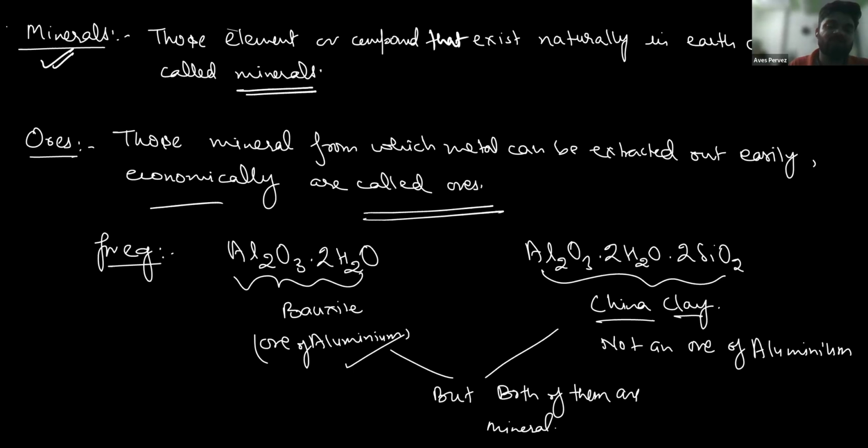Example, Al2O3, bauxite, is an ore of aluminium. China clay is a mineral, but it is not an ore of aluminium. But both are minerals. So note it down. Don't take the screenshot. Every student is requested to make the note properly.